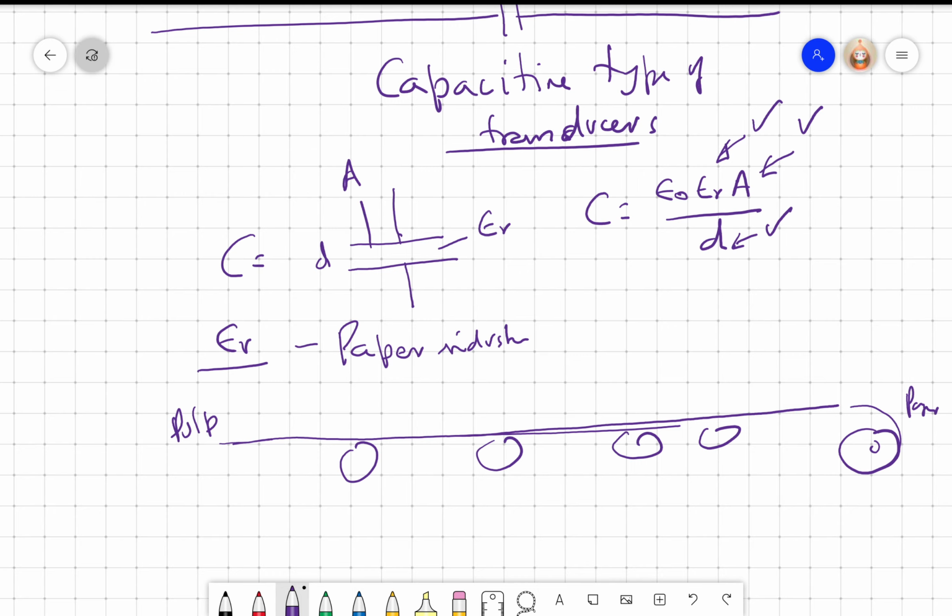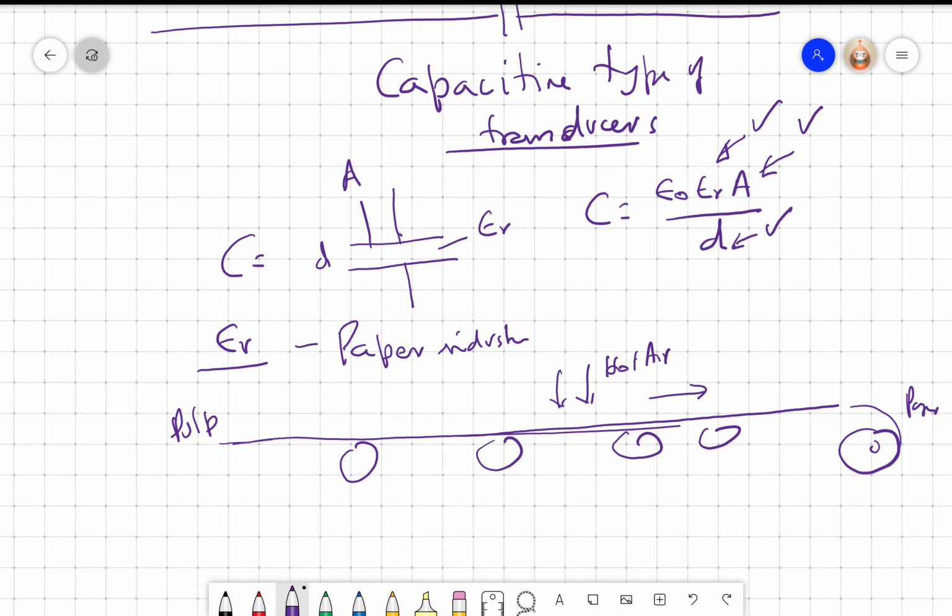So what they do is they put hot air here and dry the paper. Now the paper is moving, the air is also moving, so you need to adjust the velocity of the paper and the temperature, because I can't use a very high temperature, the paper will burn.